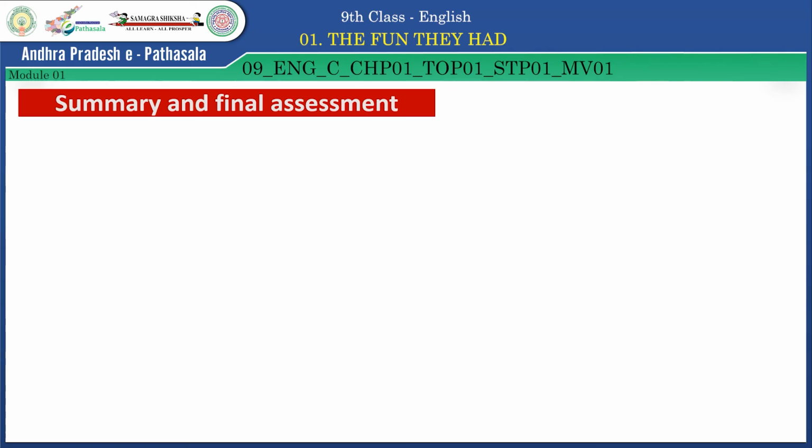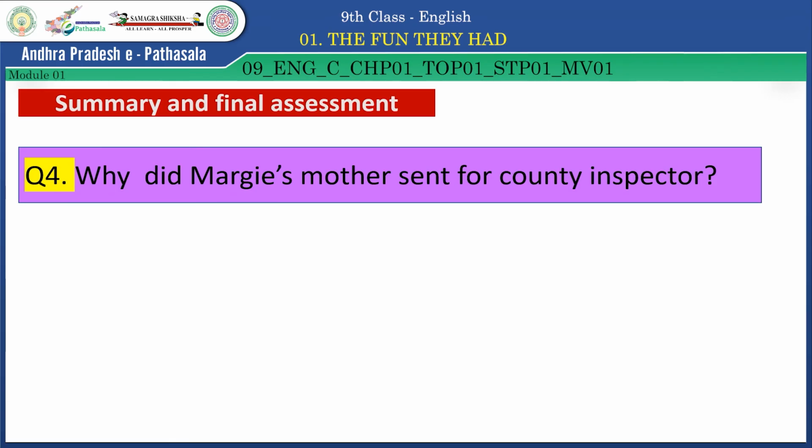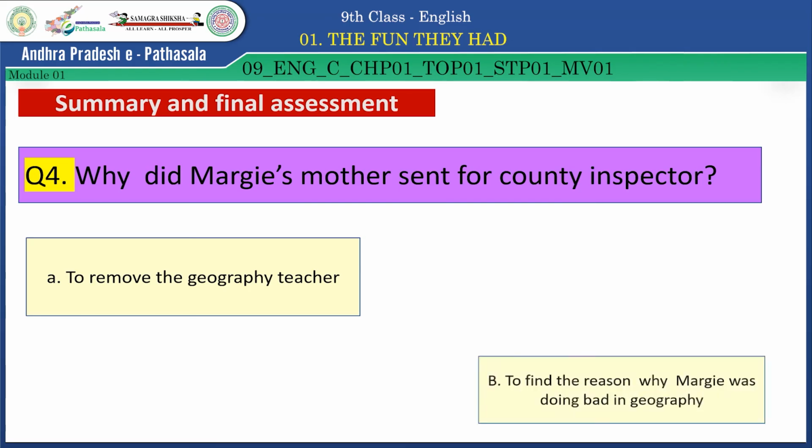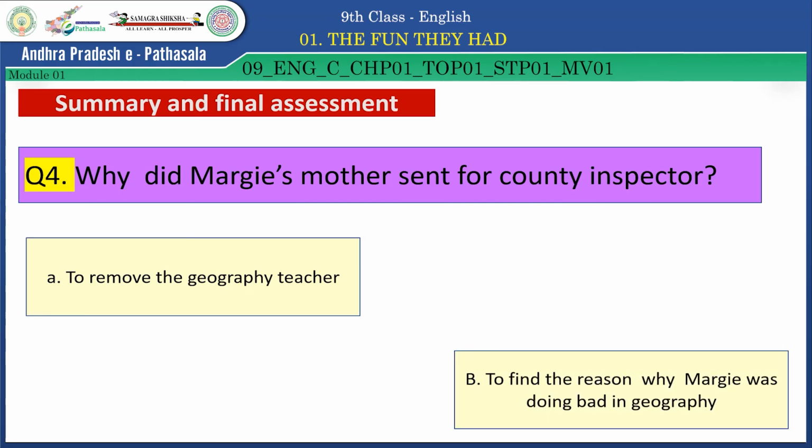Here the question is, why did Maggie's mother send for the county inspector? To remove the geography teacher or to find the reason why Maggie was doing badly in geography? What is your answer? Yes, the answer is B. To find the reason why Maggie was doing badly in geography. Good. Let's go to another question.